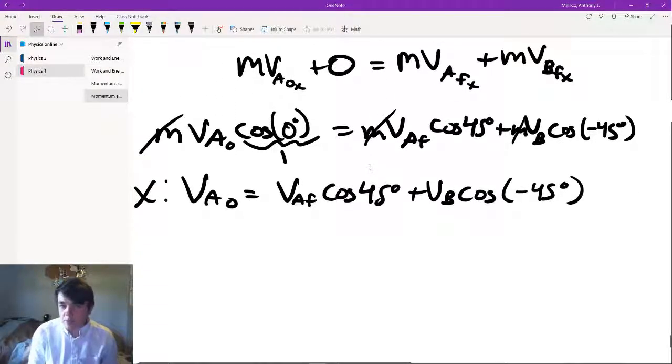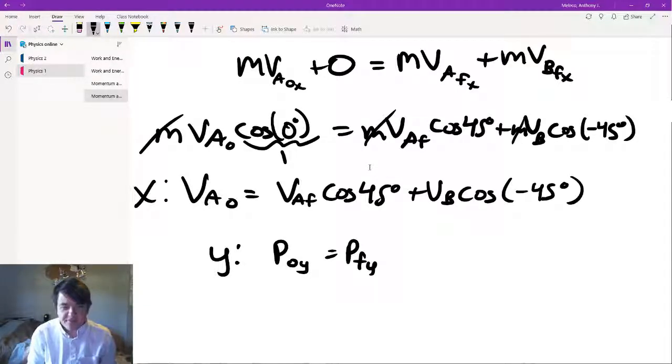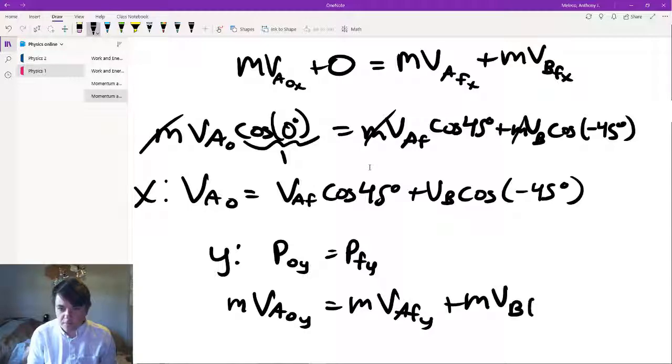Our y equation looks pretty similar. P initial y equals P final y. So we have M VAO in the y direction, and then here, with our masses, M VA final y plus M VB final y.